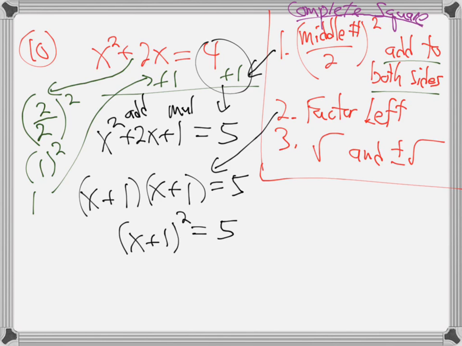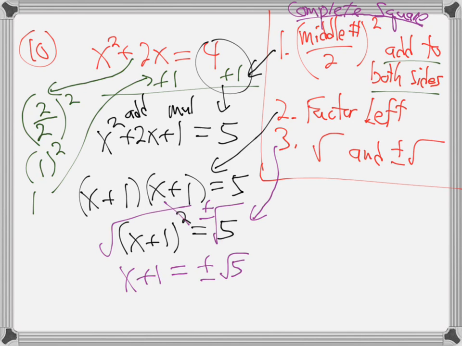And then step 3, put the root and the plus or minus root over the sides. Rooting cancels squaring. And last step, bump over the 1, negative 1 plus or minus square root of 5.